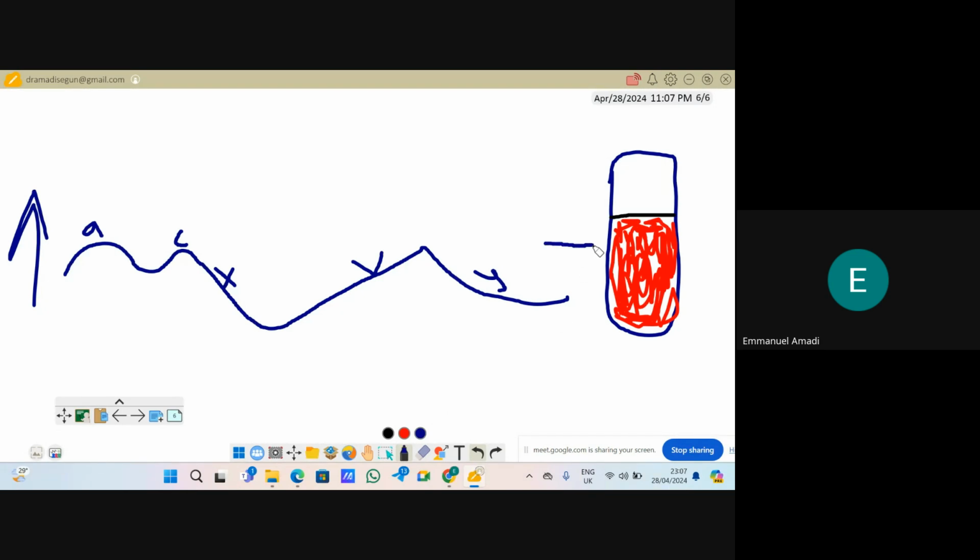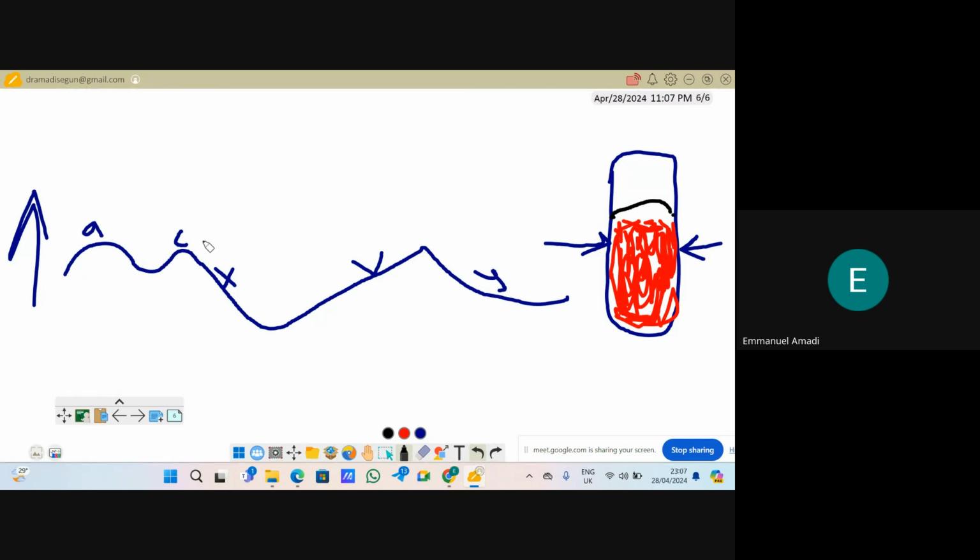Just imagine pressure is added here. The valves are closed. What do you think will happen? Automatically, you will have the blood causing a bulge of this tricuspid valve because of the pressure you applied. Since the two valves are closed and this valve is flexible, this blood will cause the valve to bulge into the atrium.